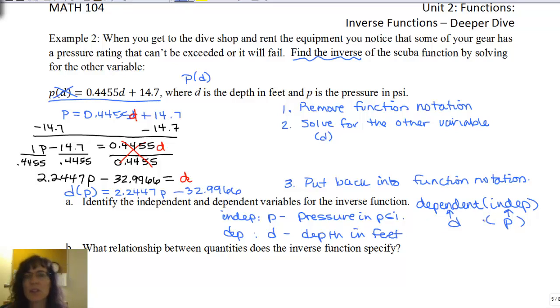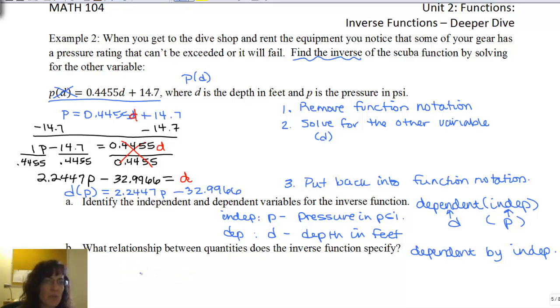So regardless of whether my function is called the function or the inverse, I'm still going to look at the notation and use dependent parentheses independent to figure out which is which. And then what relationship? Still going to say dependent by independent and throw in some extra information.